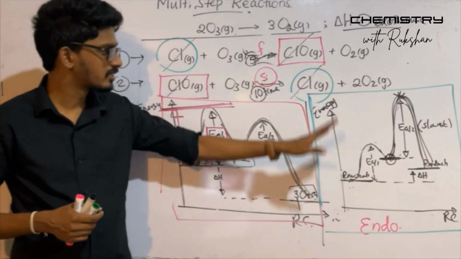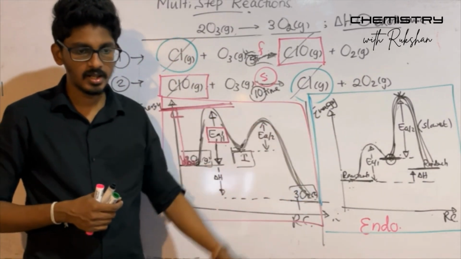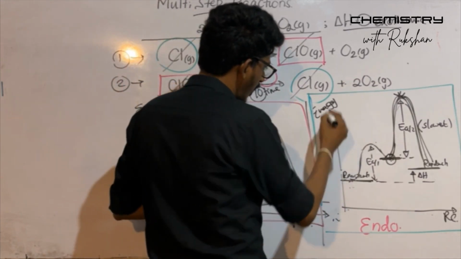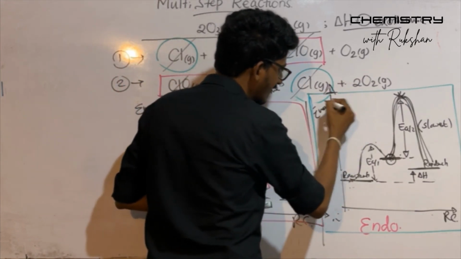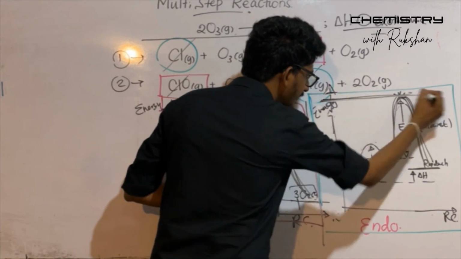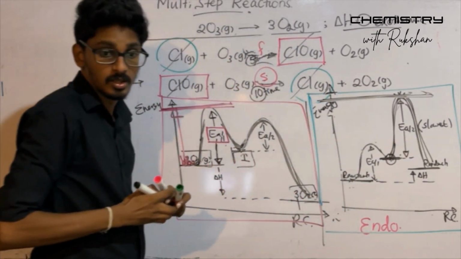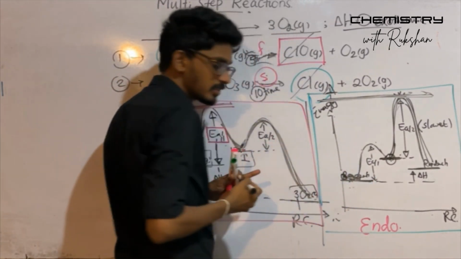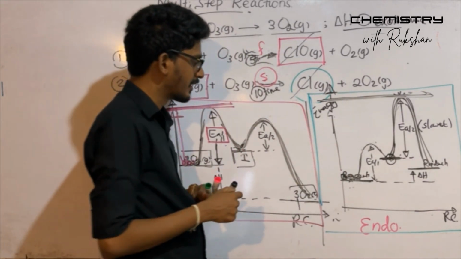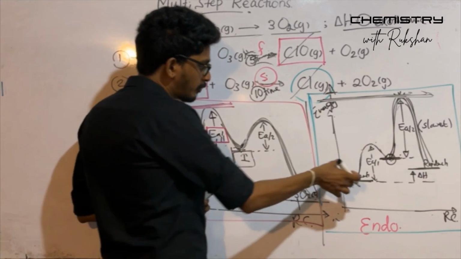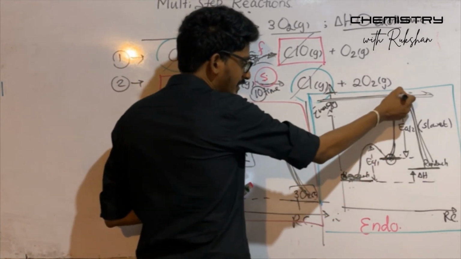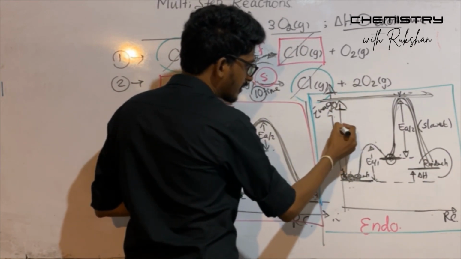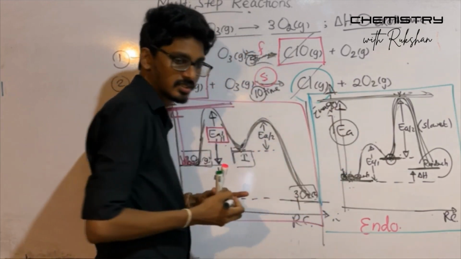What about this? The maximum peak, the maximum height of the pathway is here. So your reactant molecules are here. The minimum energy these molecules should have to overcome this barrier to come to the product state is this much. This is your activation energy of the overall process.